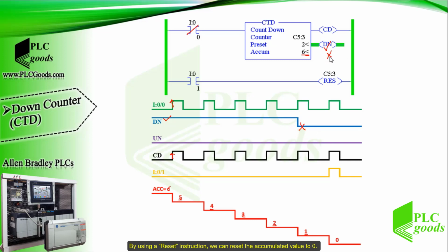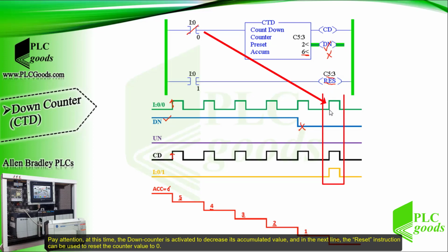By using a reset instruction, we can reset the accumulated value to 0. Pay attention, at this time, the down counter is activated to decrease its accumulated value, and in the next line, the reset instruction can be used to reset the counter value to 0.